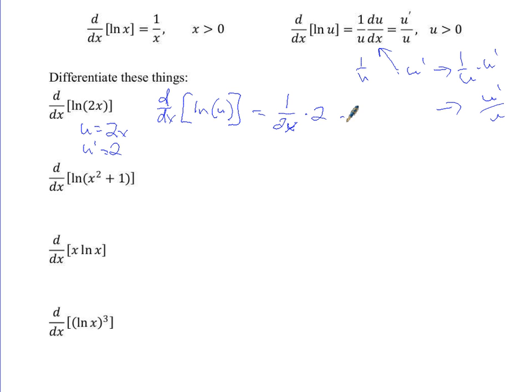So that gives me 2 over 2x, which reduces to 1 over x. Should I include a plus c here? No? Why not? Yeah, we're taking the derivative. All right, how about the next one?